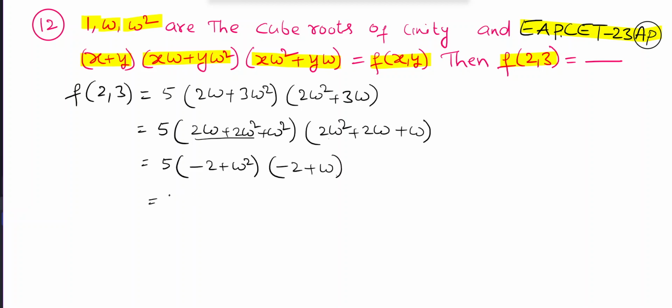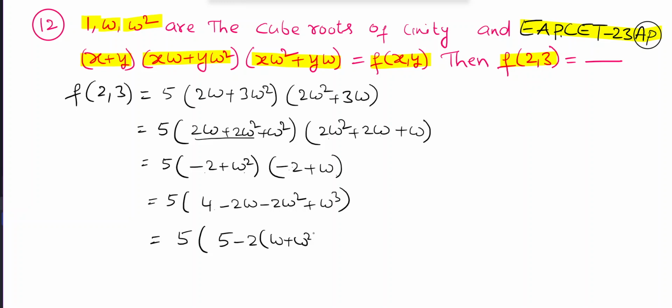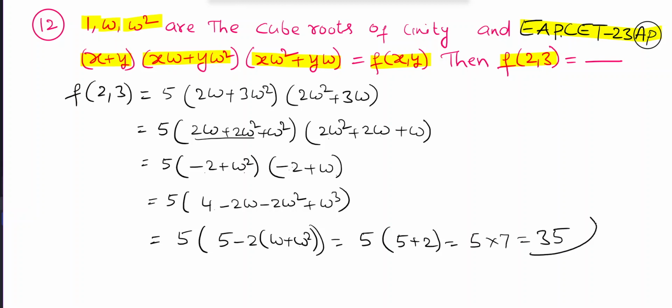So multiplying these two, 5 into minus 2 into minus 2 is 4, minus 2 into omega, minus 2 omega, minus 2 into omega, minus 2 omega square, omega cube plus omega. This is omega cube. That is equal to 5 into omega cube is 1. Here 4 plus 1 is 5. Take minus 2 common. This is omega plus omega square. Again omega plus omega square value is minus 1. 5 minus 2 into minus 1. This is 5 plus 2. This is 5 into 7. That is equal to 35. This is the required answer.